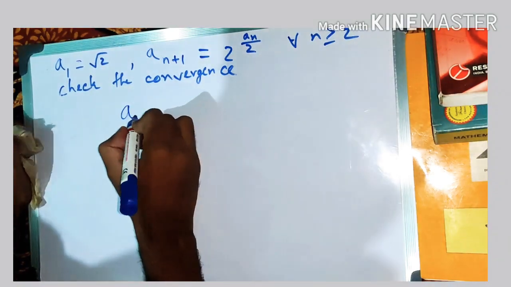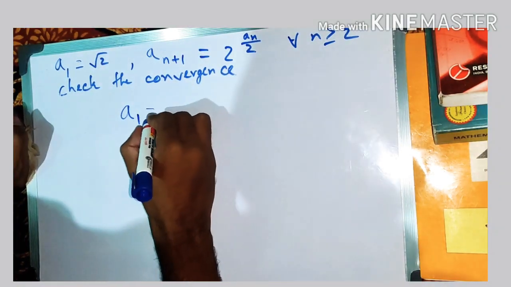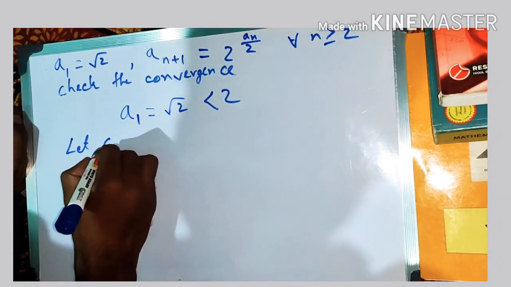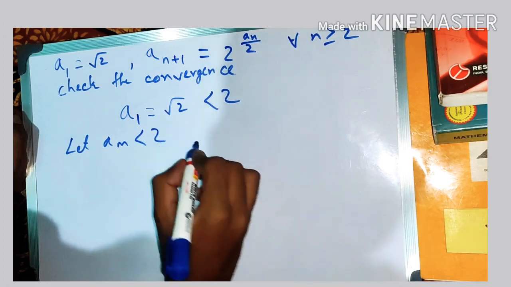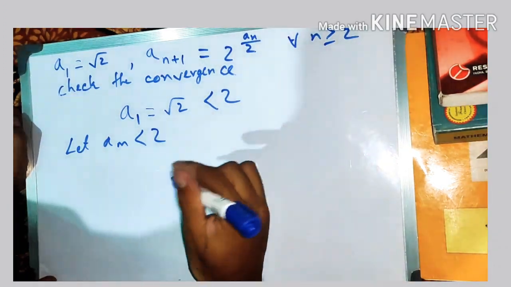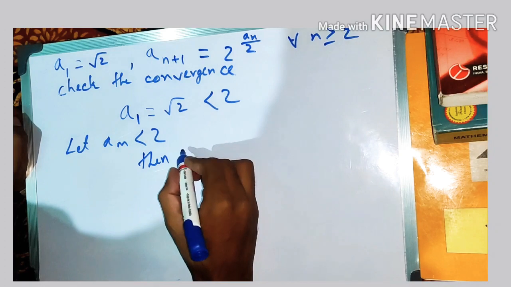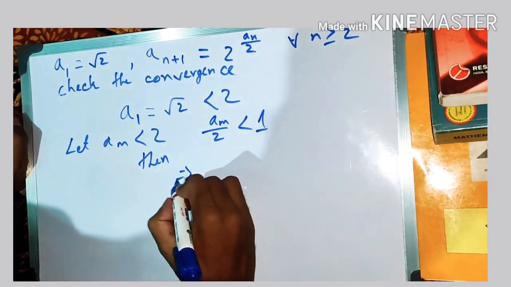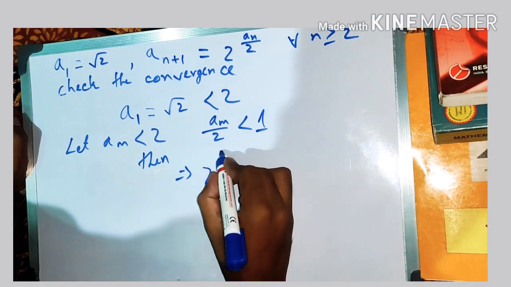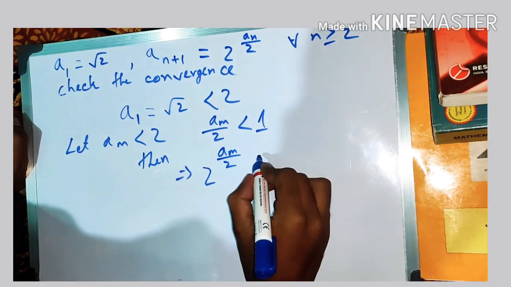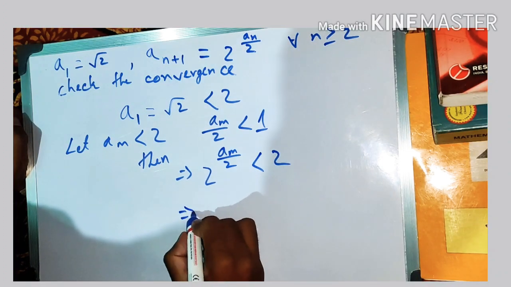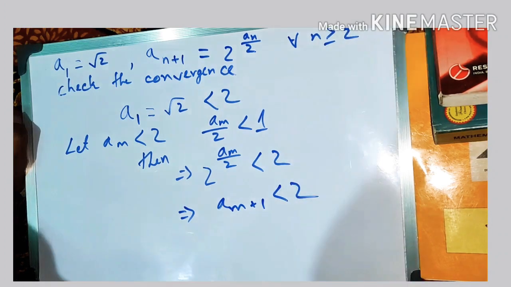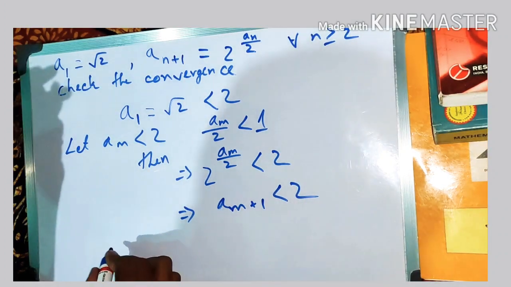Clearly a1 equals root 2 is less than 2. Let am be less than 2. Then am by 2 is less than 1. This implies 2 to the power am by 2 is less than 2, so am plus 1 is less than 2.